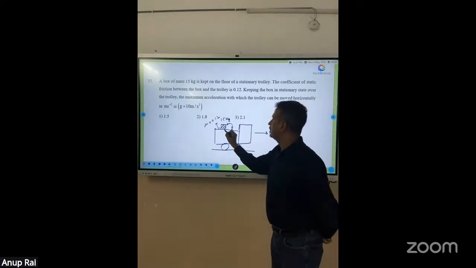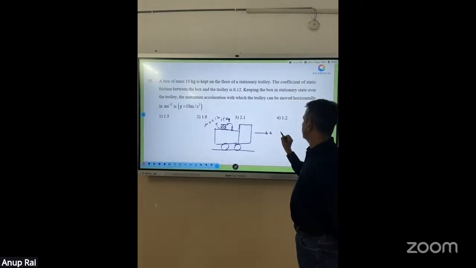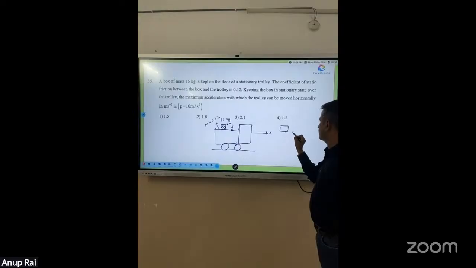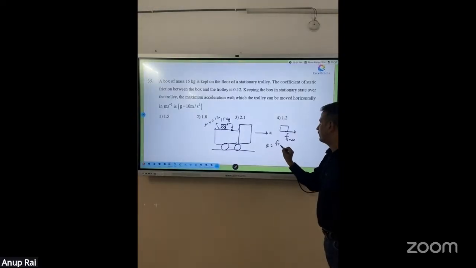So you know there is a limiting friction concept. If you look at the free body diagram, to match the acceleration, friction will keep on increasing until the maximum value. So acceleration without any relative motion is Fs max divided by m.